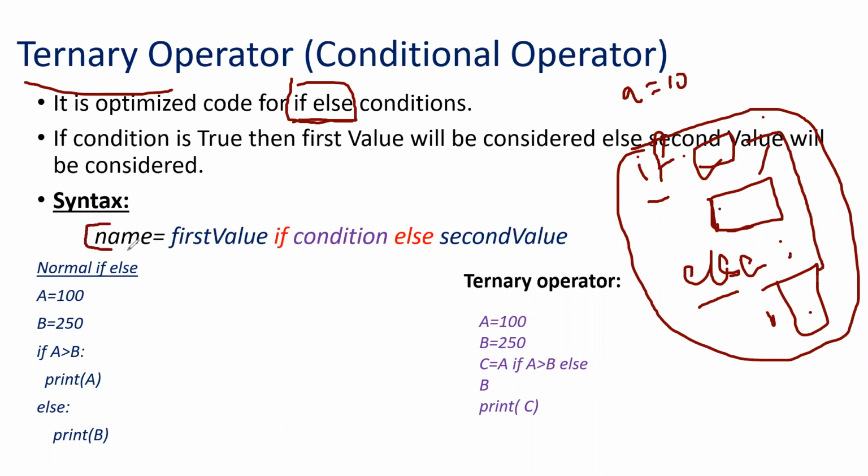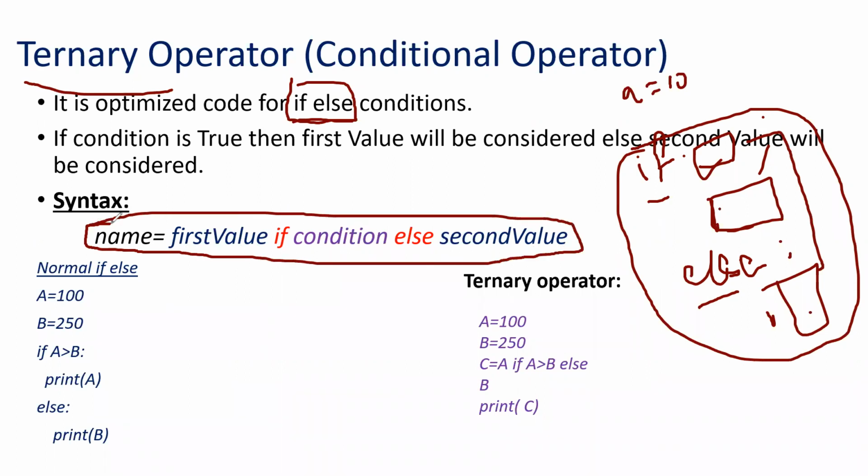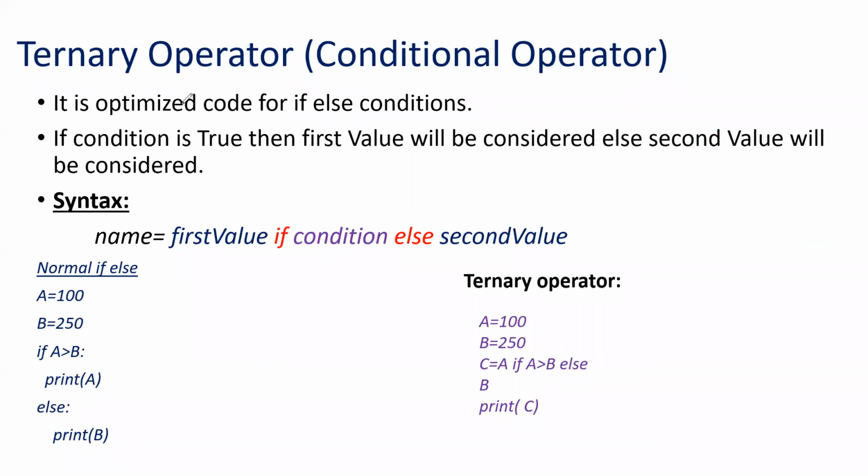You can check here. With a single line of code, these 4 lines of code will be executed. So I'm just going through the theoretical part. It is optimized code. Optimized means reduced code for the if-else conditions.